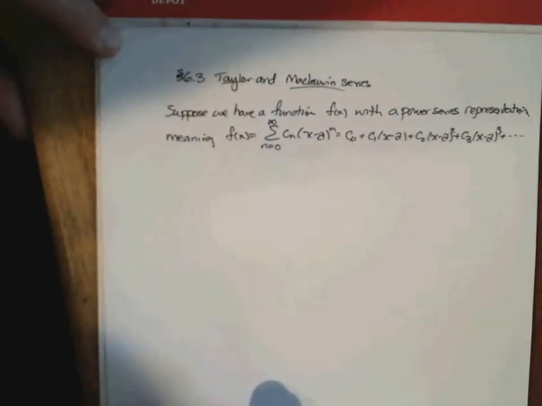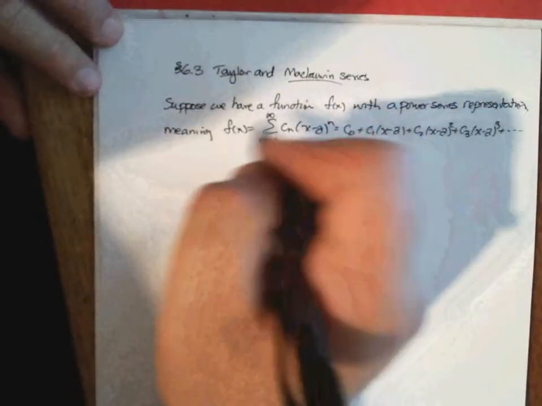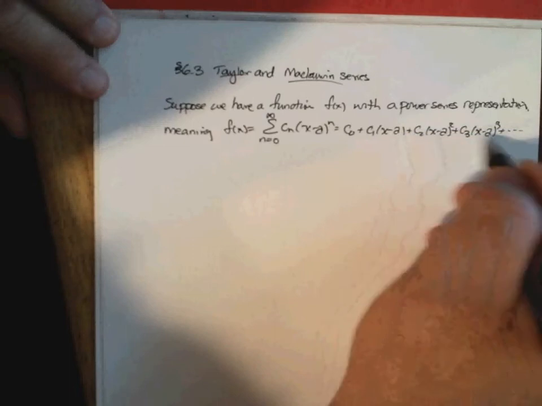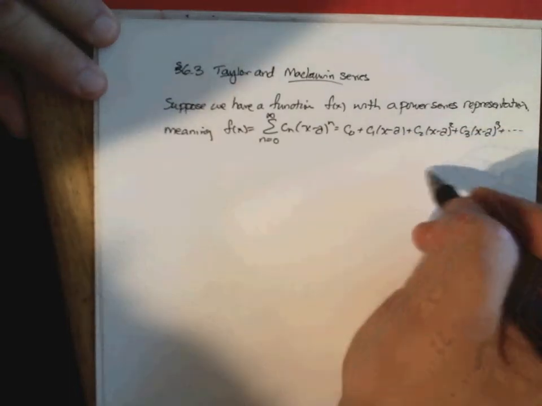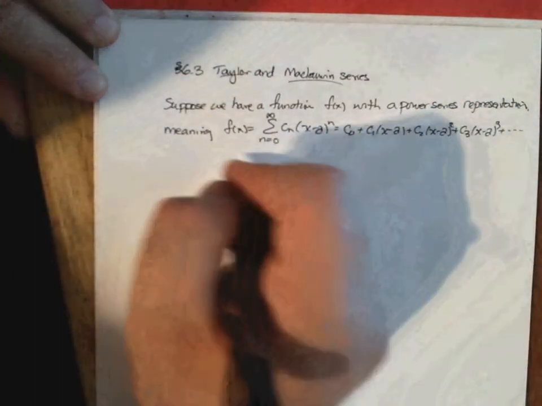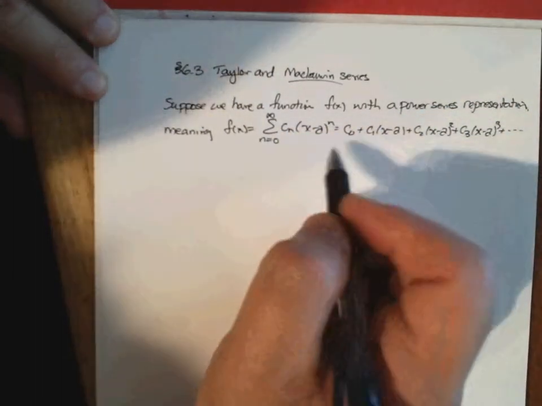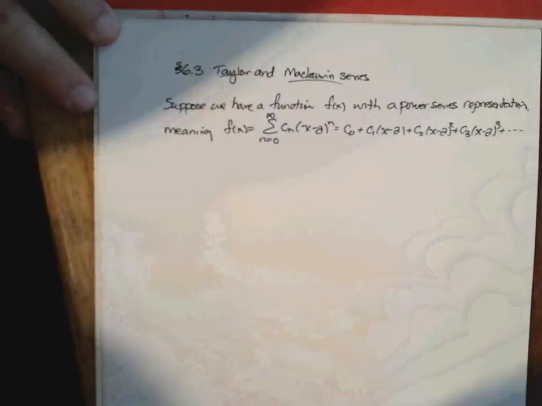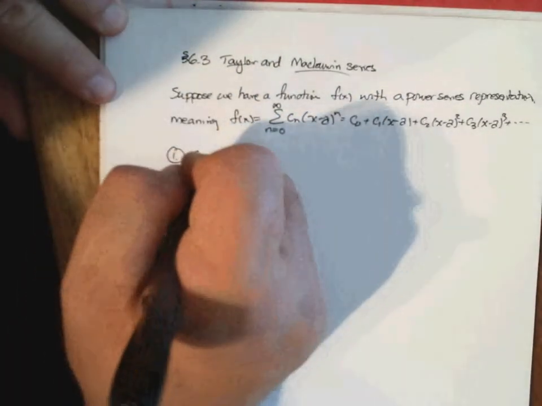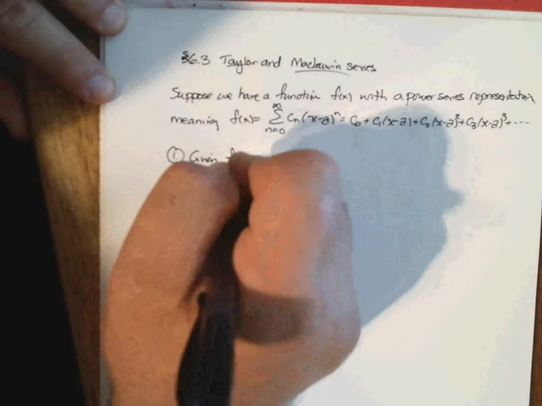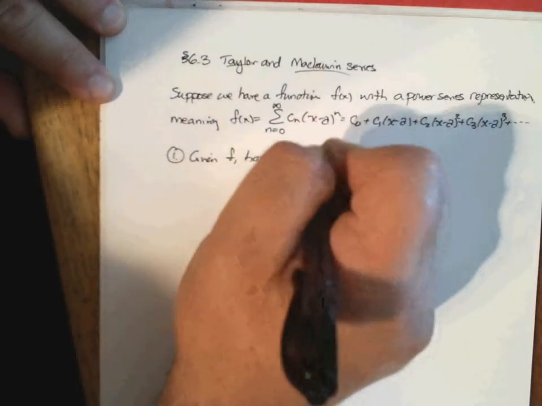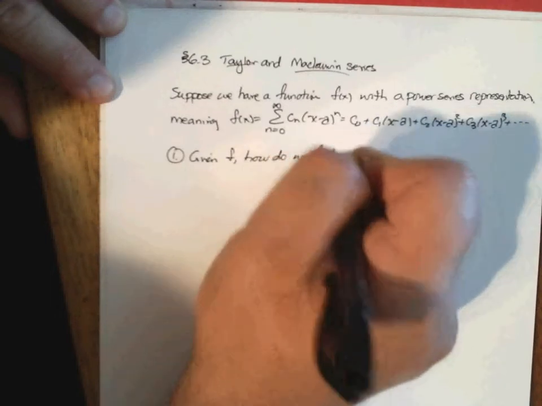The big question is, if somebody were to give you a function, how would you find this infinite polynomial representation, this power series representation for that function? And once you did find it, how do you know it really works? Okay? So, main question. Given f, how do we find its power series representation?